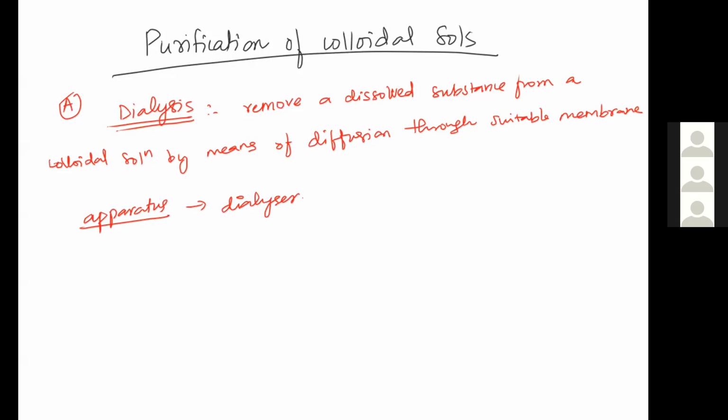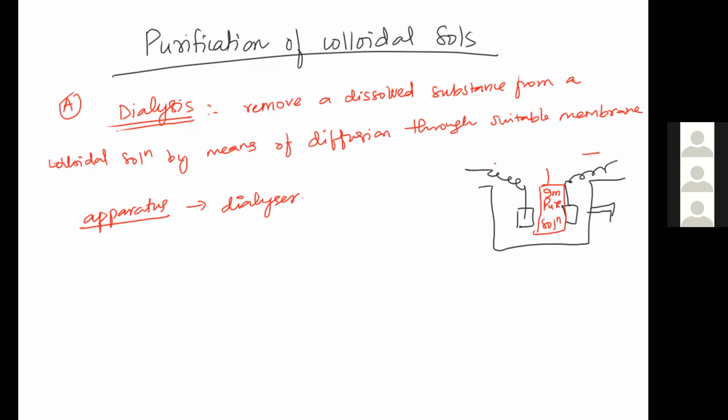What is the process? This is the impure solution. These are the electrolytes. We are passing distilled water. This is the cellophane bag.